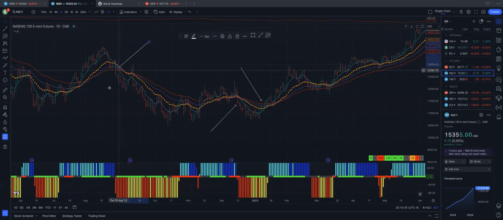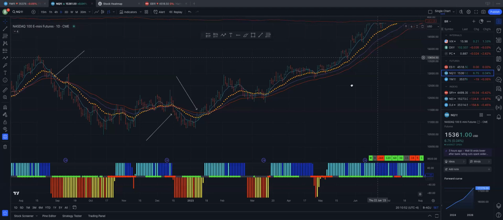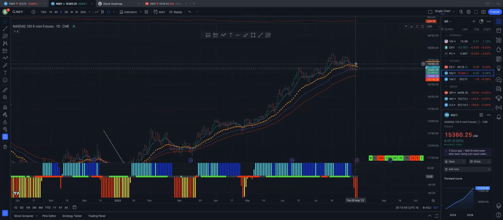When this happened, now I can only look for puts until we start trending back upside. I'm only looking for puts now until we have a cross here. Now I can start looking for calls. Okay, now I'm looking for puts. Now I'm looking for calls. Still looking for calls. And there's still no reason to be looking for puts.